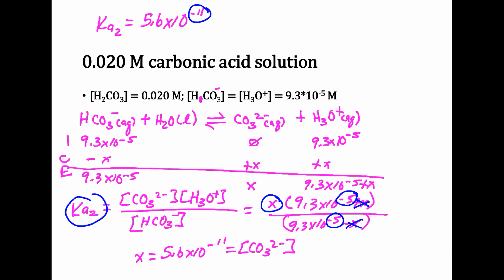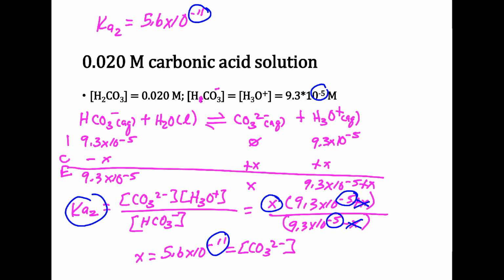So now what we can do is go ahead and show the final concentrations of HCO3 minus and H3O plus, and then also we'll calculate the pH. So HCO3 minus and H3O plus are both 9.3 times 10 to the negative fifth. Well, if you add or subtract x, 5.6 times 10 to the negative 11th, they differ by 6 orders of magnitude, so there won't be an appreciable change.